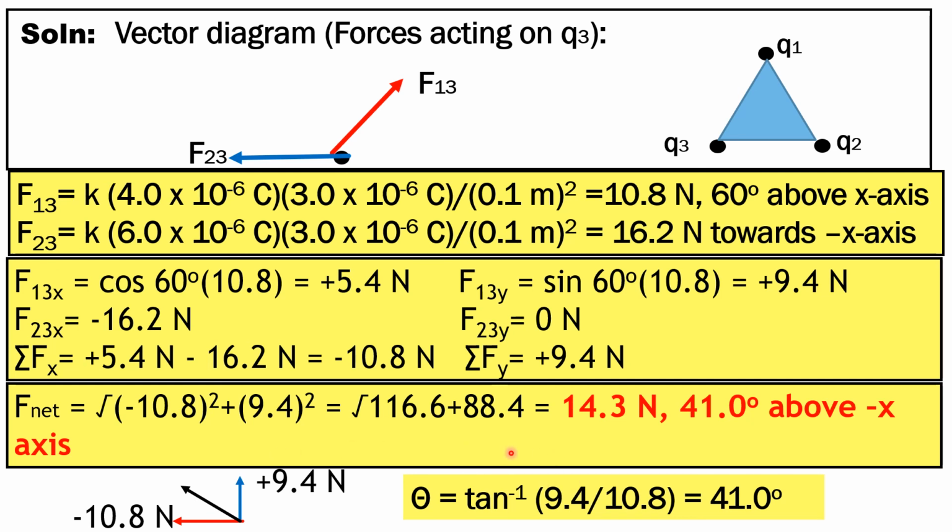So I hope this problem, the solution for this kind of problem involving addition of forces that are not along a straight line, two forces that make an angle that is not equal to 0 or 180 degrees, something like this in our vector diagram, is clear.